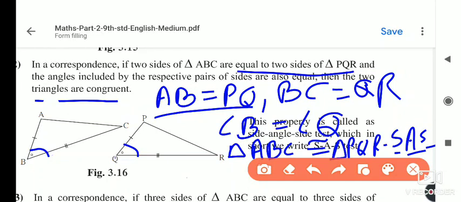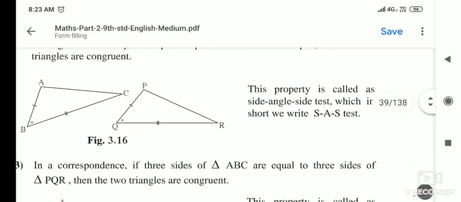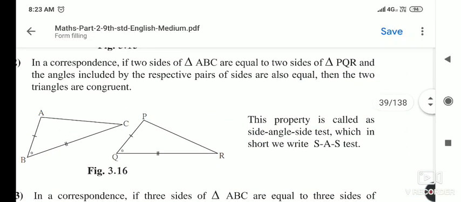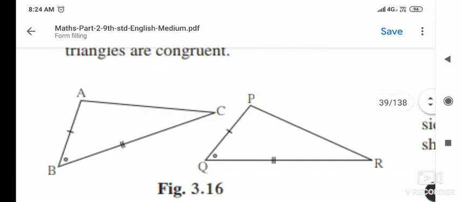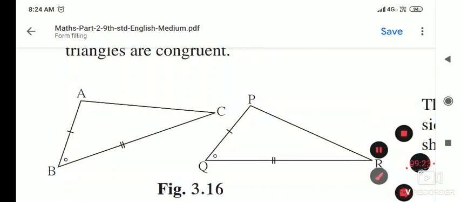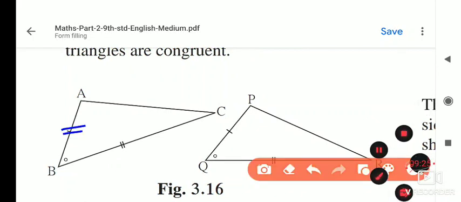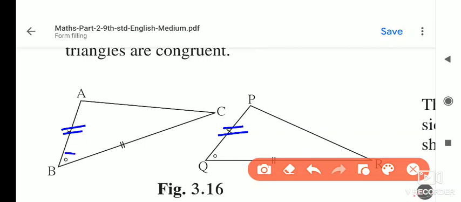Understand all of you? This is the second test of congruence, that is SAS, and we have to take the angle which is included between the two sides in these two triangles. So AB, PQ, angle Q is congruent to B, and BC, QR.